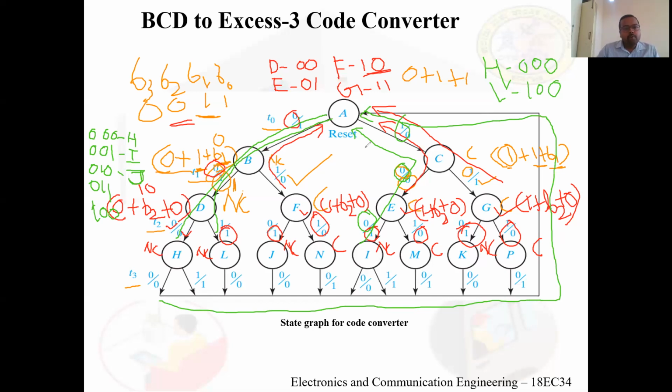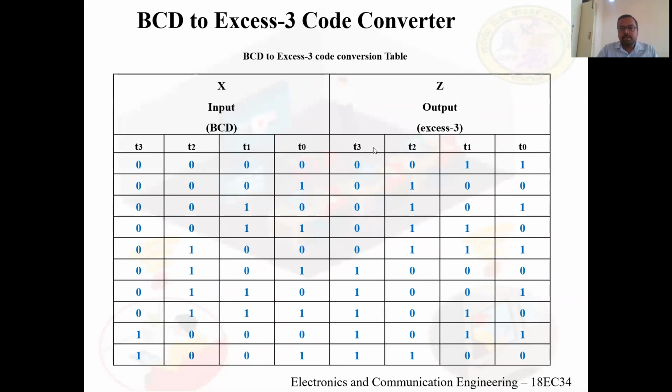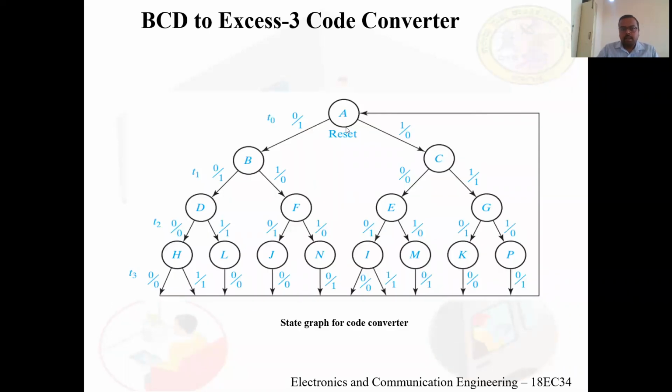Now, hopefully everyone understood how to come up with a state graph for this one. We already wrote the conversion table, BCD to excess-3, right? And we know how it works, right? And also here, you can take the numbers as B3, B2, B1, B0. That is a BCD number.